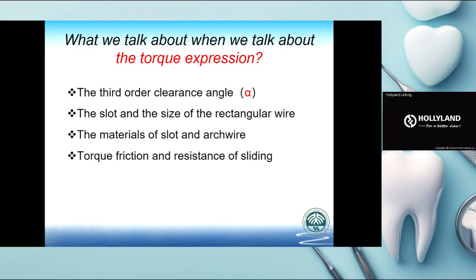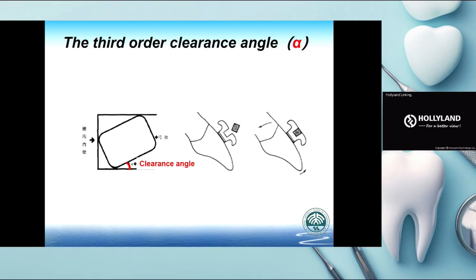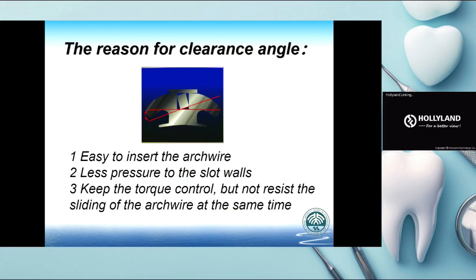Nearly. When we increase the rectangular wire size, we get less clearance angle, and we have better torque expression. But a full-size arch wire is quite hard to put in the slot. So we do need some clearance angle.